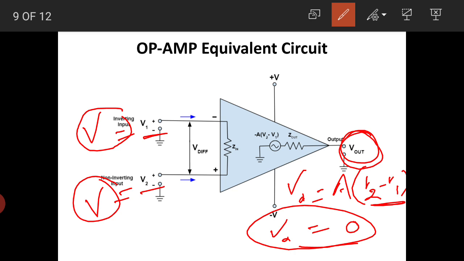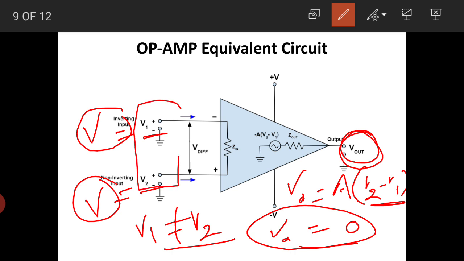But if there is a different voltage, if V1 is not equal to V2, at that time we have some output voltage, and only then will this amplifier amplify the signal. So CMRR is how well an amplifier is able to reject the common input voltages applied to both input terminals, and how well it amplifies the difference of voltage applied to its input side.